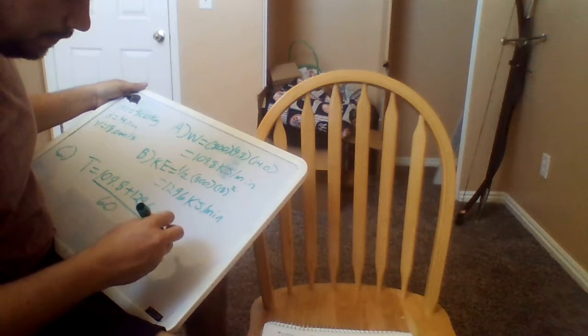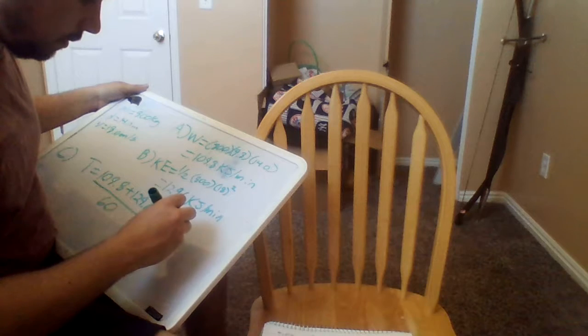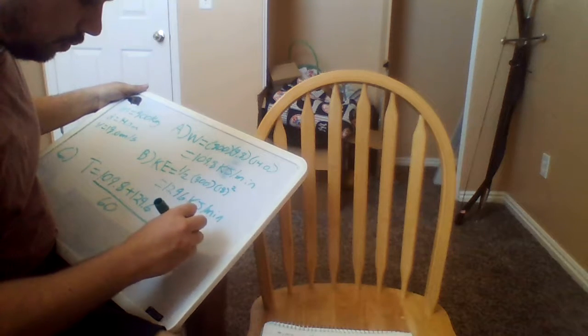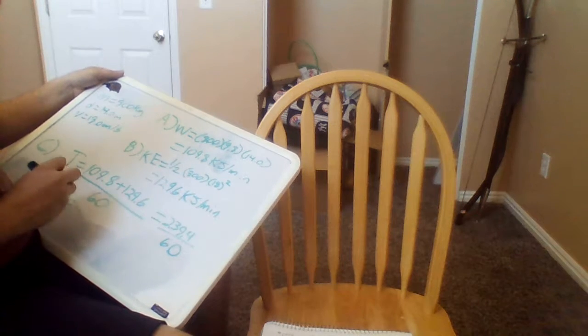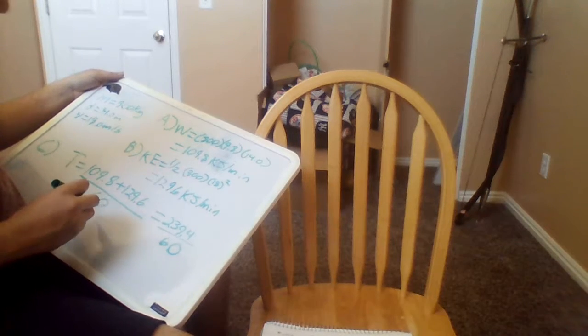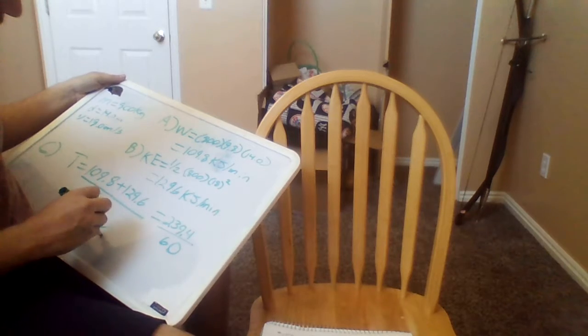It comes out to 239.4 divided by 60, and that equals 3.99 kilojoules per second.